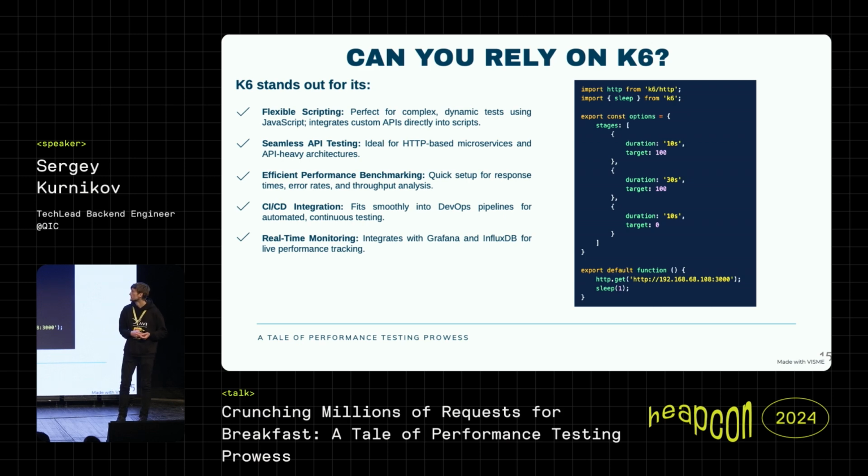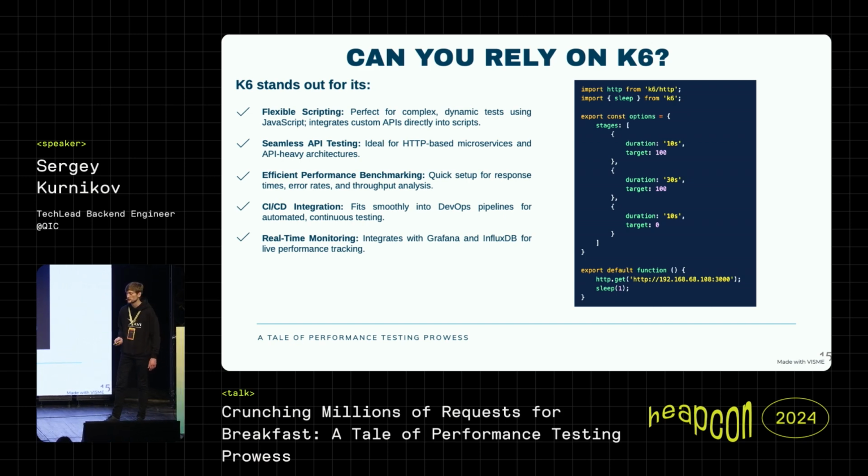You know that K6 works with Prometheus and Grafana, and they have good integration. And they have InfluxDB. And performance benchmarking was very great for us. And for quick tests or maybe some difficult testing, we're using K6.